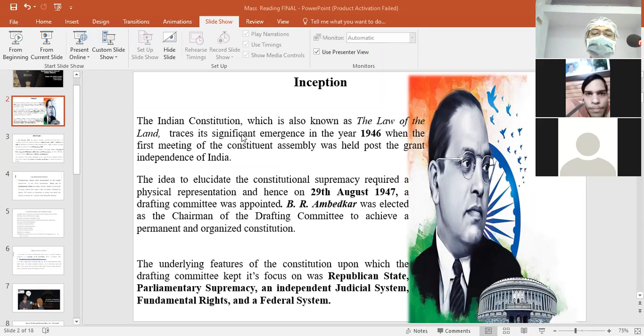The underlying features of the Constitution upon which the drafting committee kept its focus were Republican state, parliamentary supremacy, an independent judicial system, fundamental rights, and a federal system.